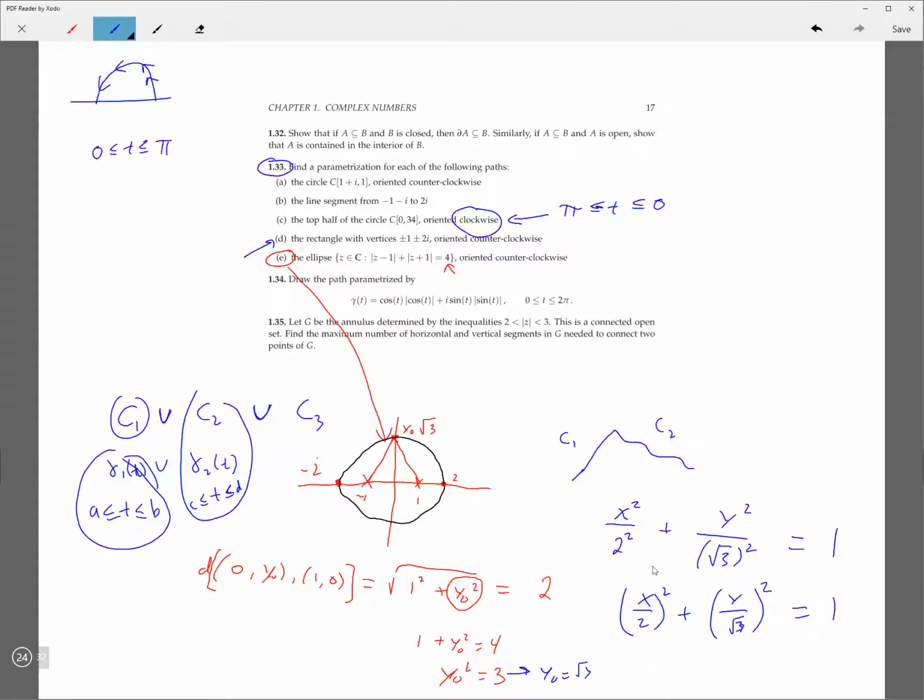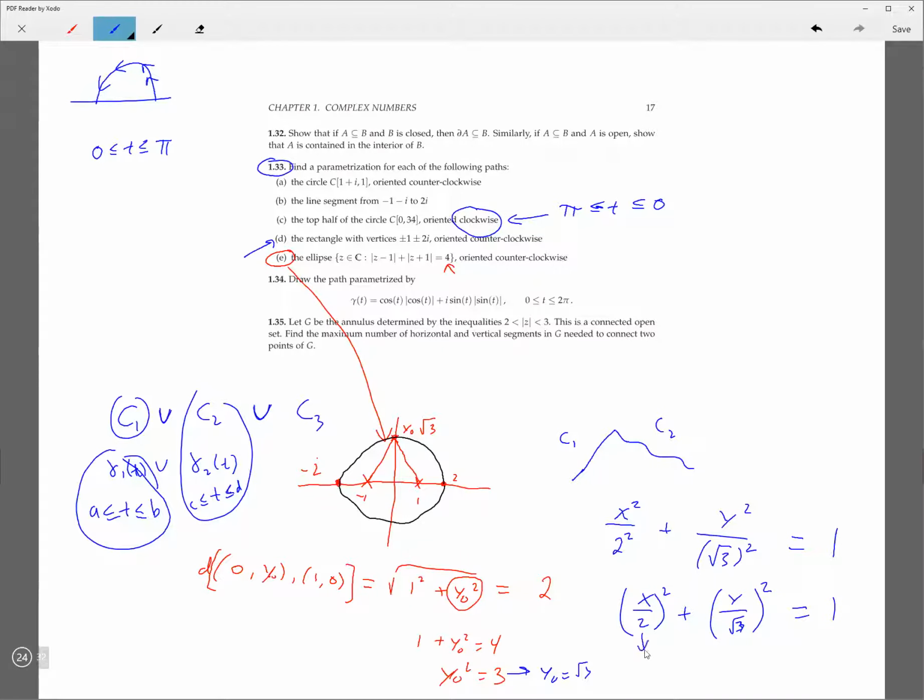And so what you want to do is, there's a trigonometric identity that you all know, where it's something squared plus something else squared equals 1. You remember what that is? Cosine squared plus sine squared.